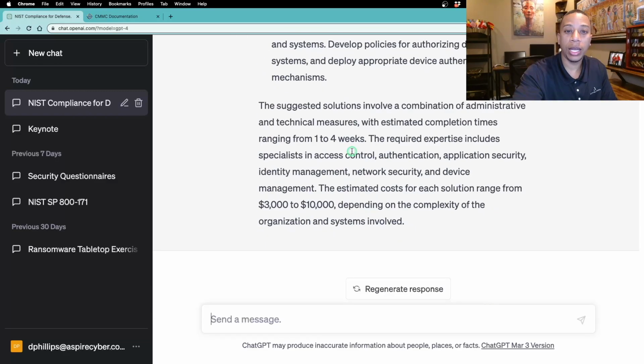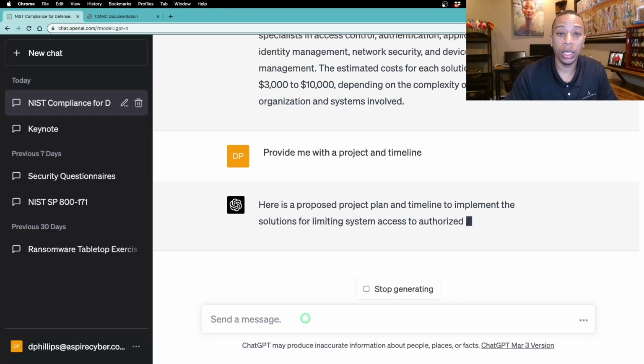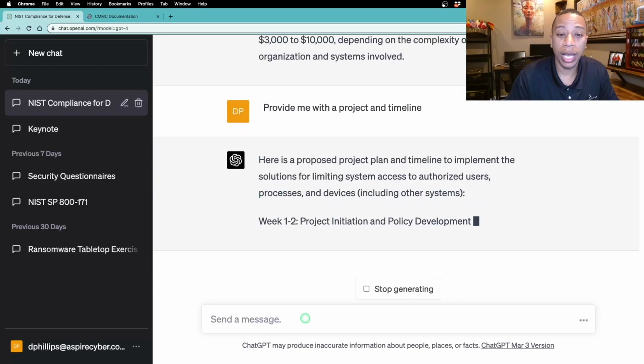Now we have that guidance. Let's go a step further and say, provide me with a project plan and timeline. We really want to make sure that the guidance we receive from ChatGPT is actionable, clear, and concise so we can execute on it.